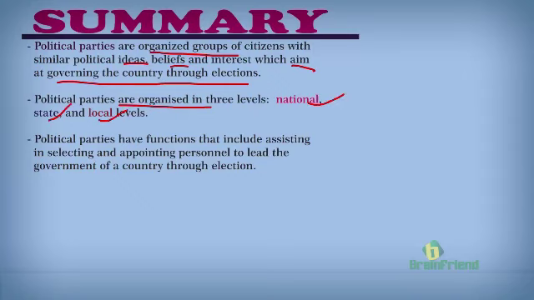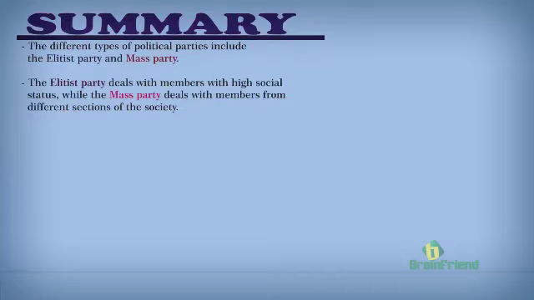We also looked at the functions of political parties, where we said they assist in selecting and appointing persons that will eventually win an election and gain control of the government of a country or a society. And then we looked at the different types of political parties.